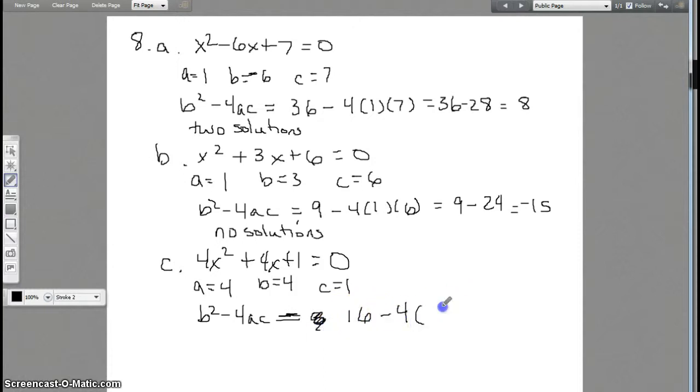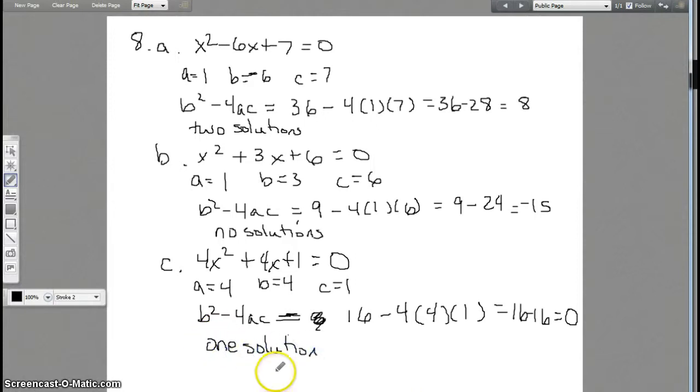Minus 4 times a times c. Our a is 4, our c is 1. 16 minus 4 times 4 is 16. That's 16 minus 16 equals 0. When our b squared minus 4ac equals 0, that means that we have one solution.